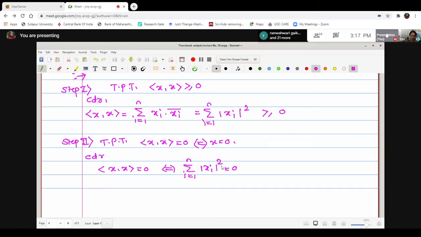Now just have a look. This is actually a summation of non-negative terms which is equal to 0. That is, if the sum of non-negative terms is equal to 0, this is possible if and only if every term involved in the sum is 0. Therefore, mod xi square is equal to 0, which implies mod xi is equal to 0.